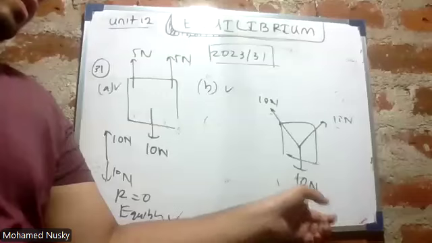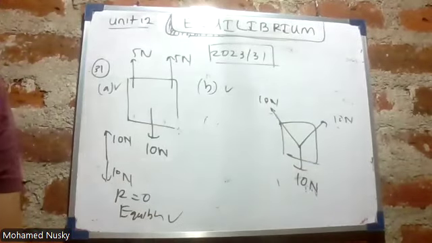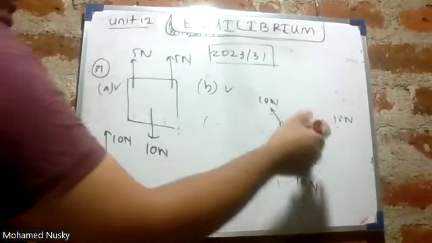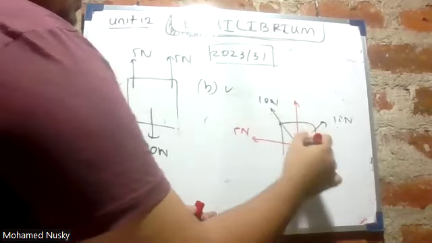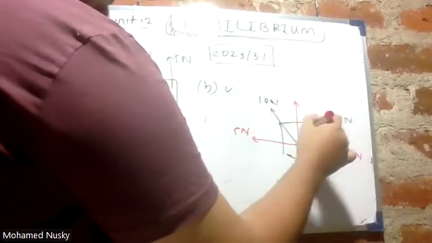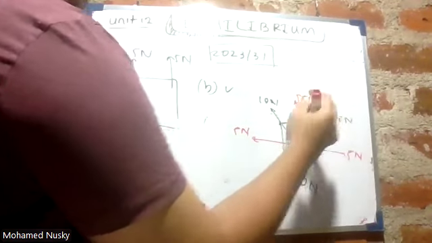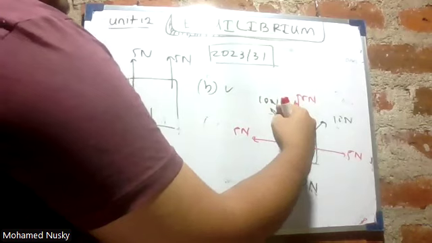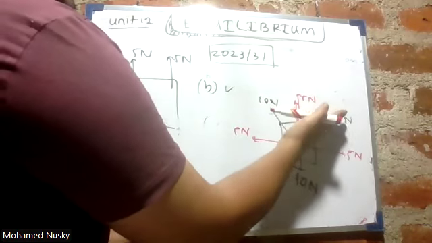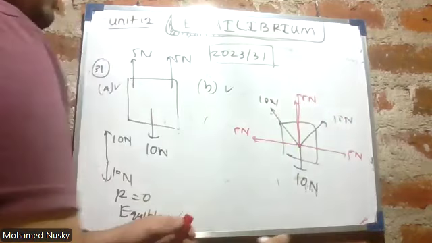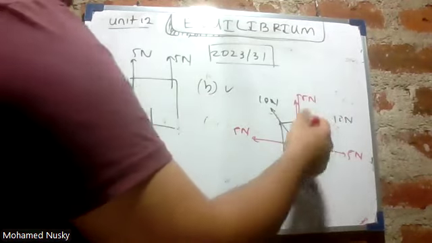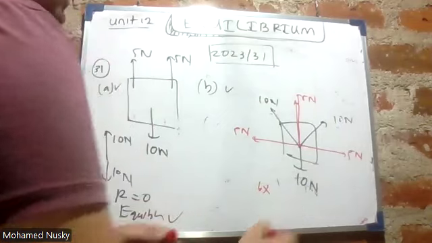If this is 10 Newton, 10 Newton, 10 Newton, what will happen? This 10 Newton will be divided into vectors, the x component 5 Newton and the y component 5 Newton. Therefore, B will not be the answer.